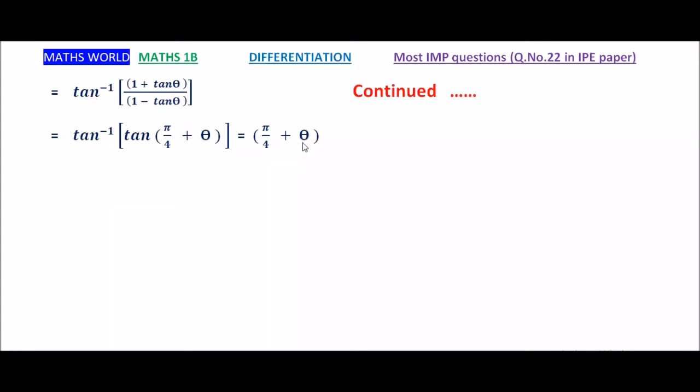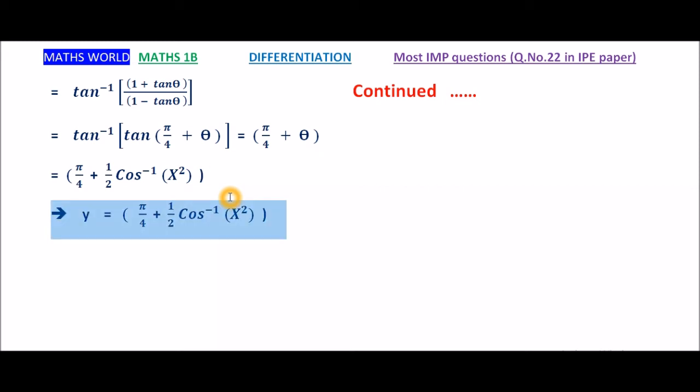So please substitute theta is equal to 1 by 2 cos inverse x square. You got it now? Pi by 4 plus, in the place of theta I am taking 1 by 2 cos inverse x square.